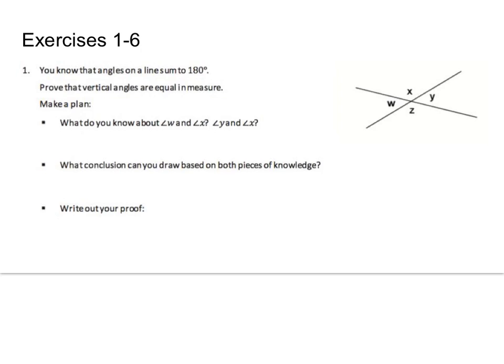W and X and Y and X are linear pairs, so they sum to 180 degrees. What conclusion can you draw based on both pieces of knowledge? We can draw a conclusion that the measure of angle W equals the measure of angle Y.